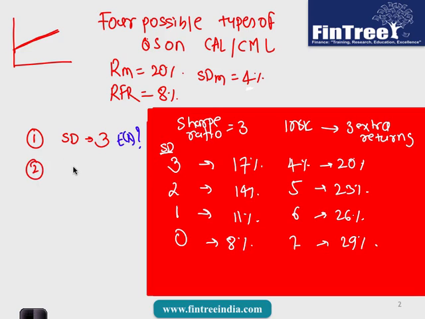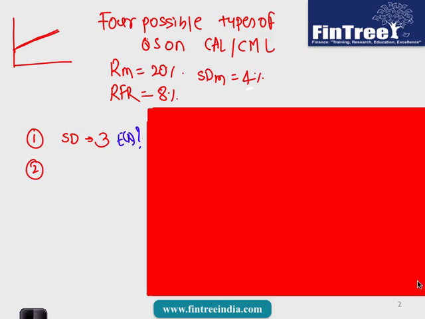Now they will say the other way around. Done? They will say the other way around, that client wants to earn an expected return of 21.5%. What should be the risk? They will give you returns, you would be required to calculate risk. Again, the thought process is going to be exactly same.